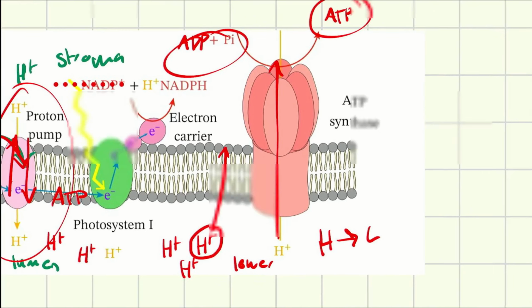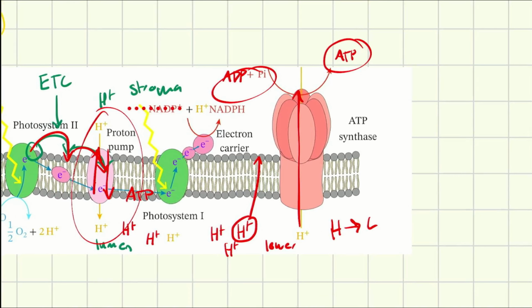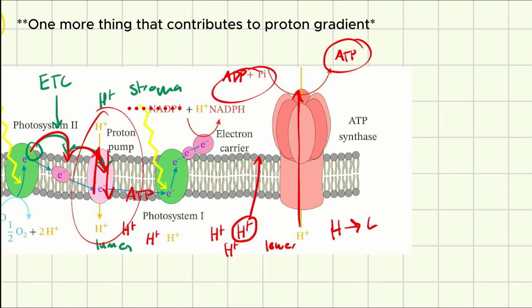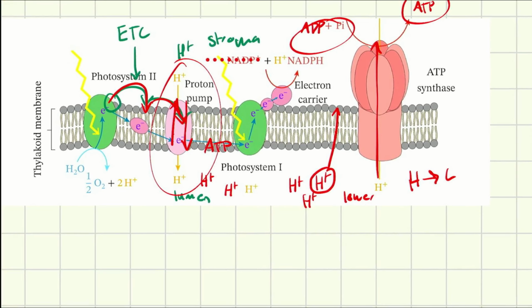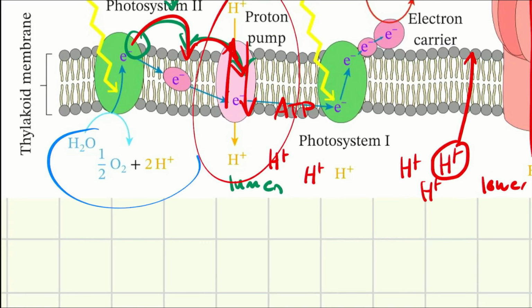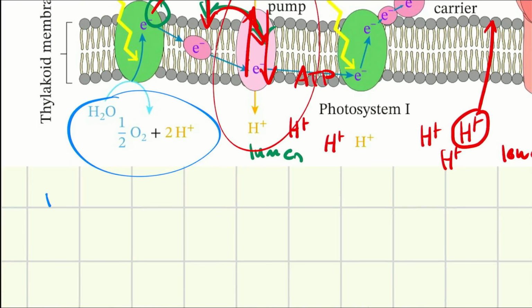Additionally, our electrons going from a higher state to a lower state isn't the only thing that contributes to the hydrogen ion concentration within the lumen. During the very first stage of our process, we have something called photolysis.